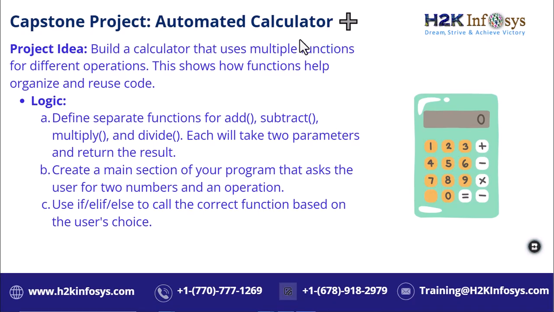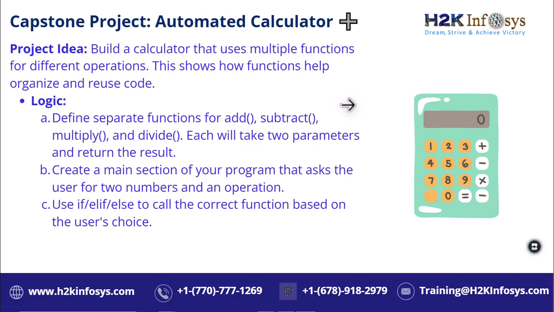Now we have a capstone project here. Whatever we have learned till now in functions, make use of that and build a project based on an automated calculator. You have to build a calculator that uses multiple functions for different operations. You can take an add function, subtract function, multiply function and divide function.